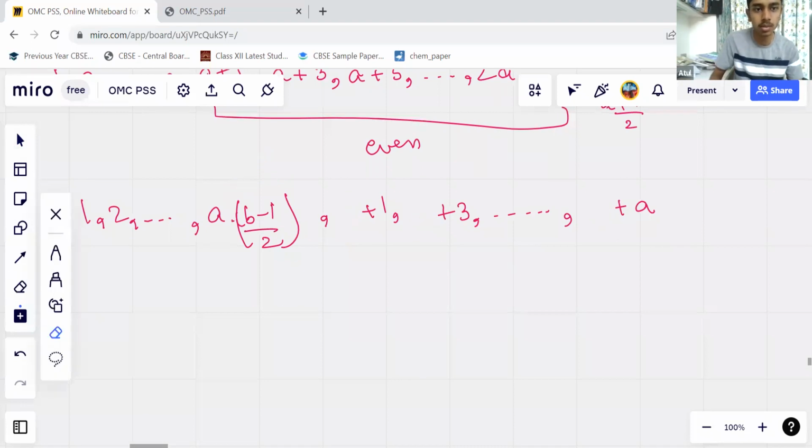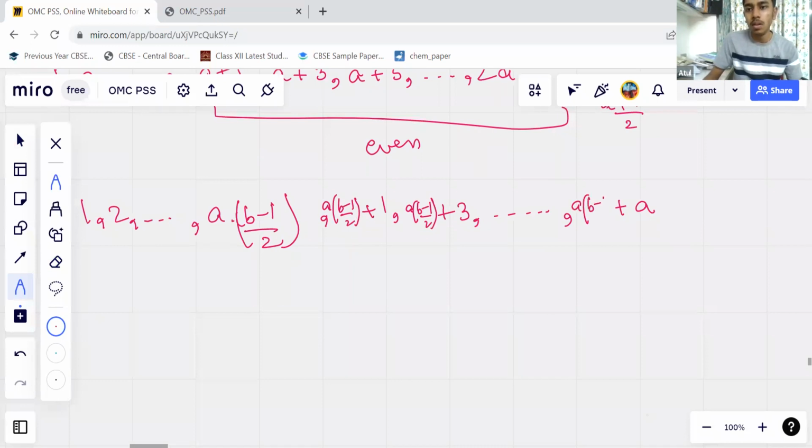Does this work? Actually, I'll not write C because I want to know exactly how much this is. A times (B minus 1) by 2, and A times (B minus 1) by 2. Does this work? We want any such sum to be at most 2n minus 2, which equals AB minus 1.